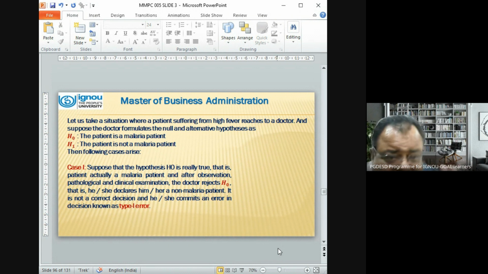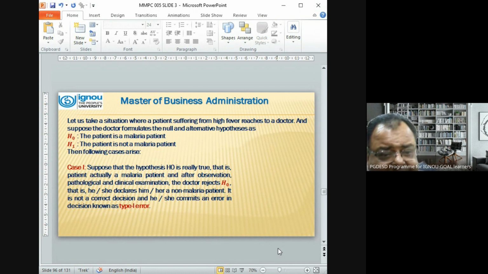Only these two things will exist. The doctor has not done anything yet, simply from what you said, that I am suffering from high fever, instantly in the doctor's mind it came that you might be suffering from malaria. He is not confident, and the alternate hypothesis is that you are not suffering from malaria, or you are having any other cause of the fever.